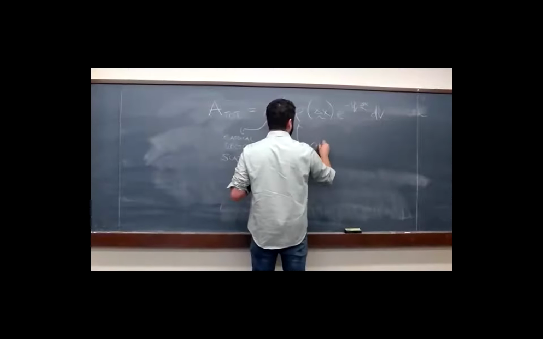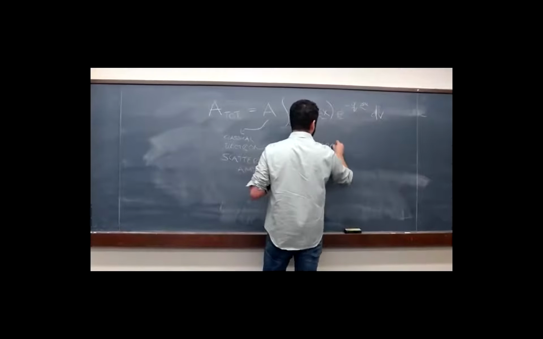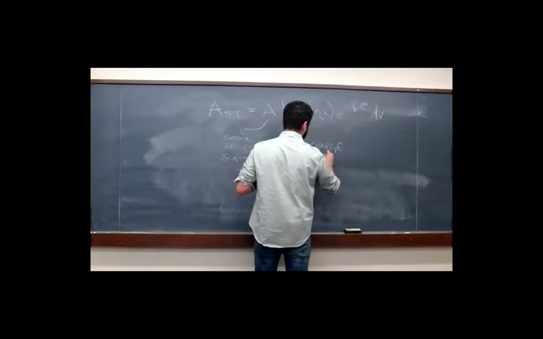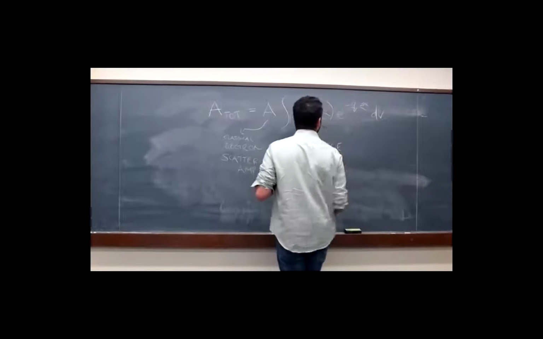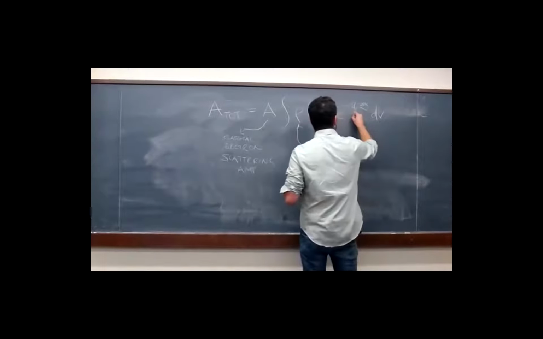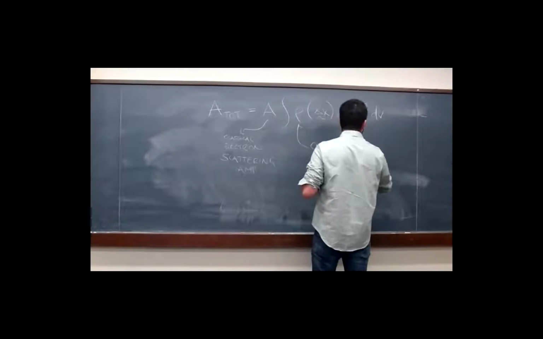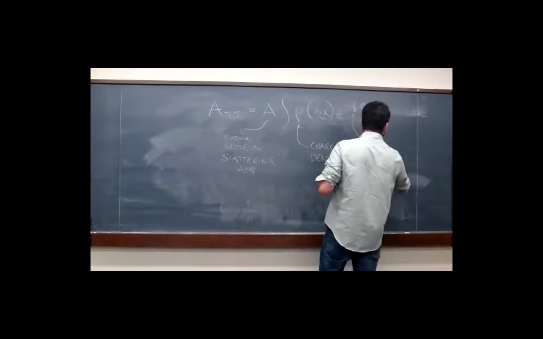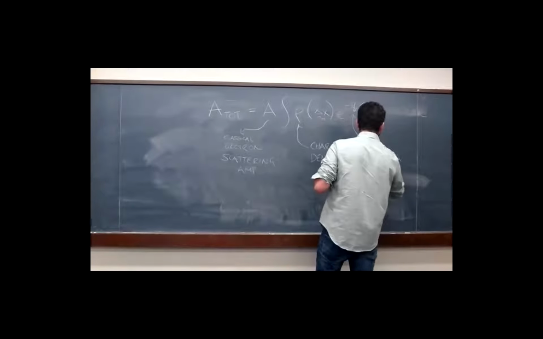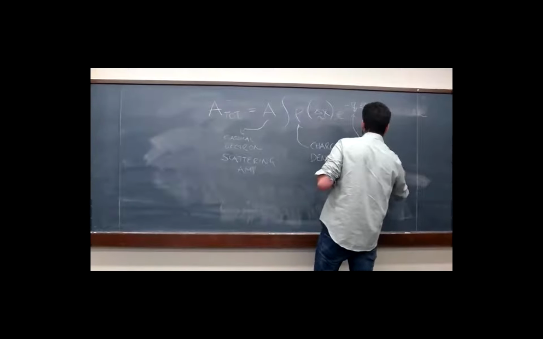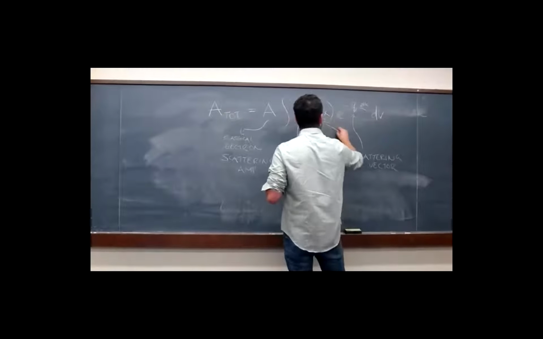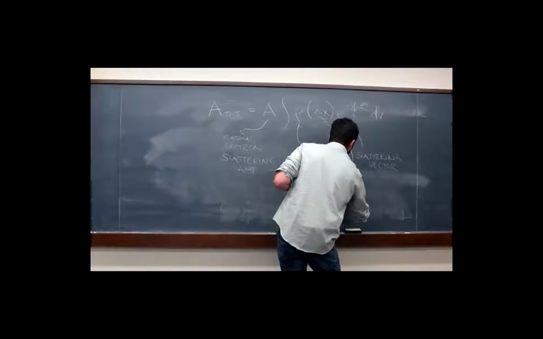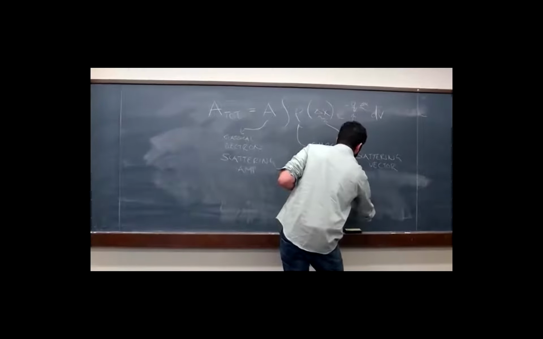This is the charge density in the object, or the charge density field. Q is our scattering vector. And this delta X is our position in the crystal, or in the object.